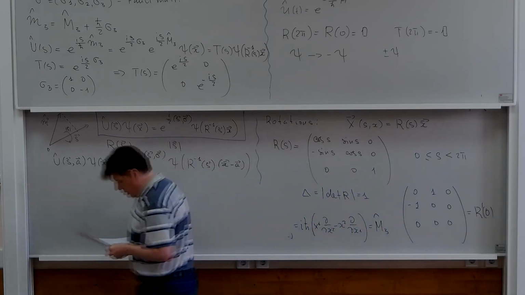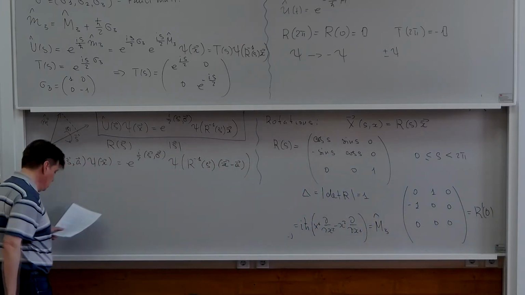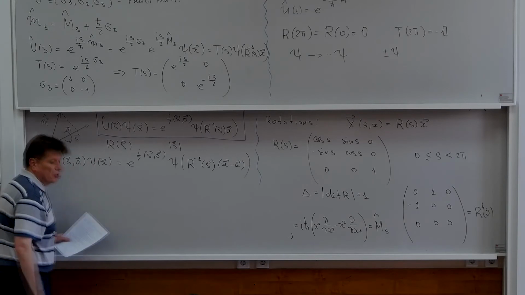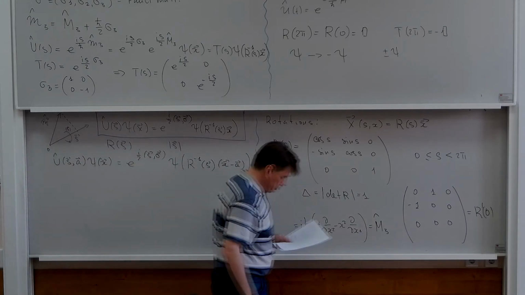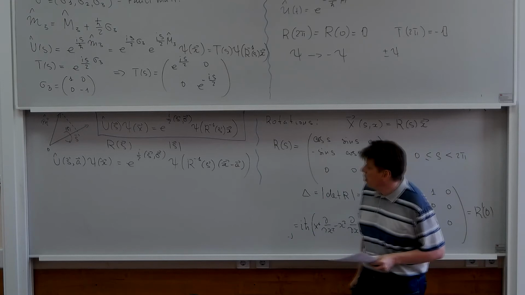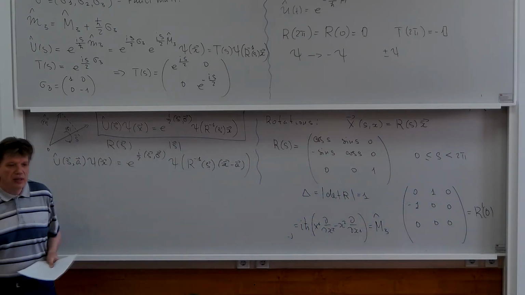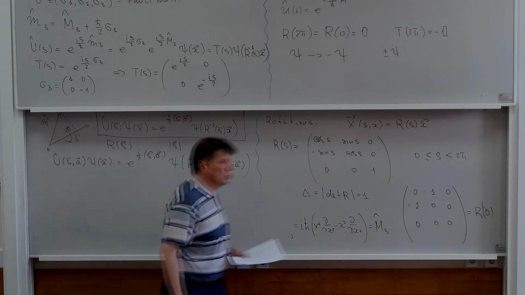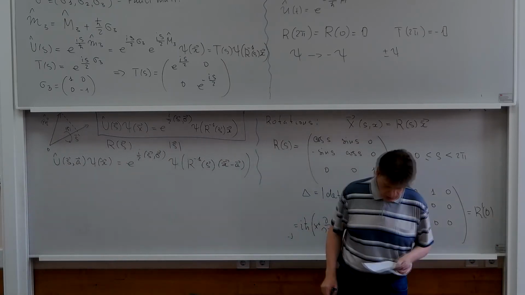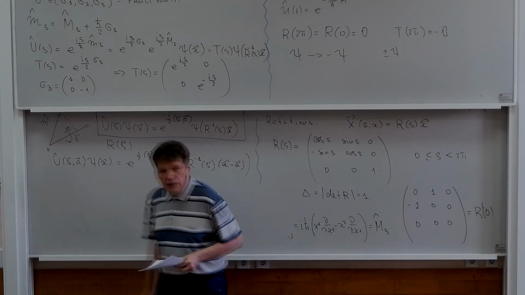And by construction, this set of operators defines a six parameter group of geometric symmetries of a particle of spin 1/2.